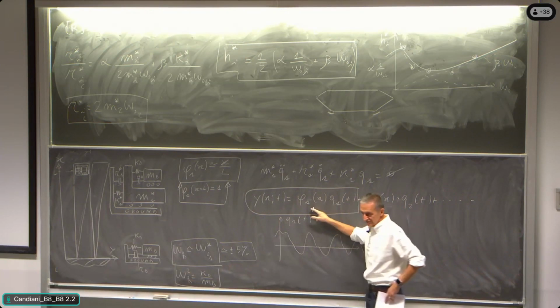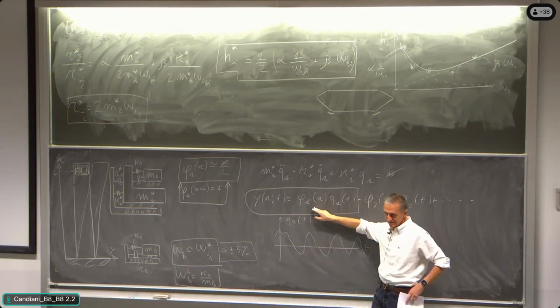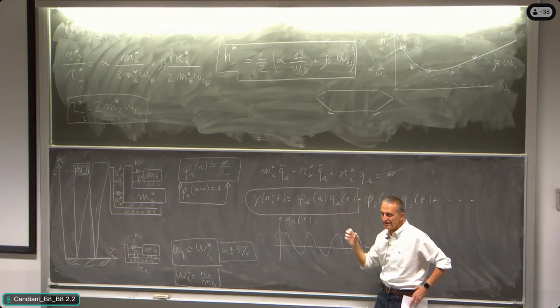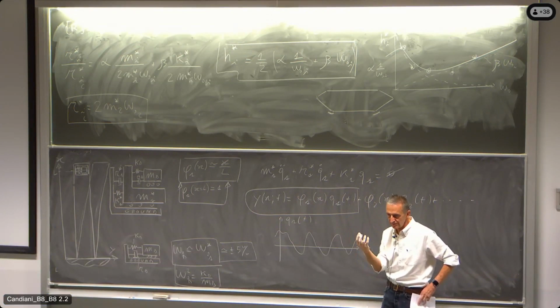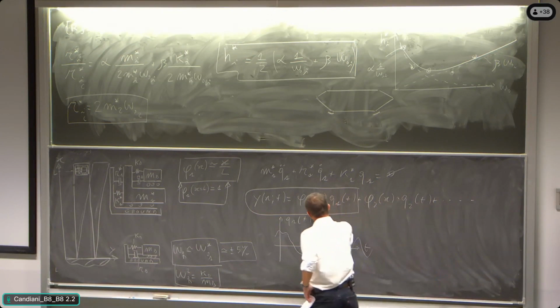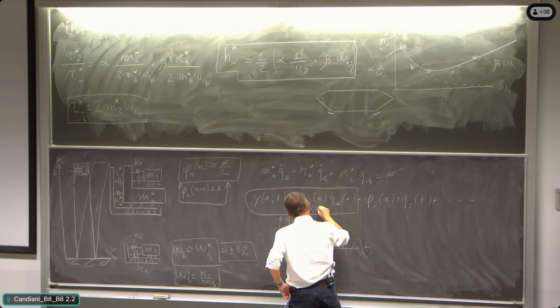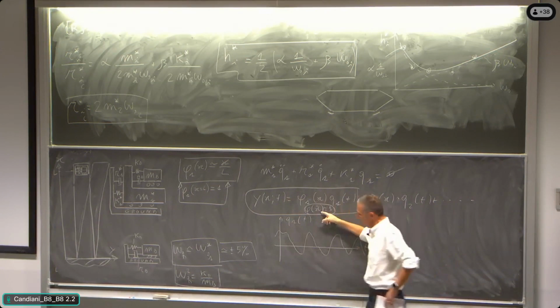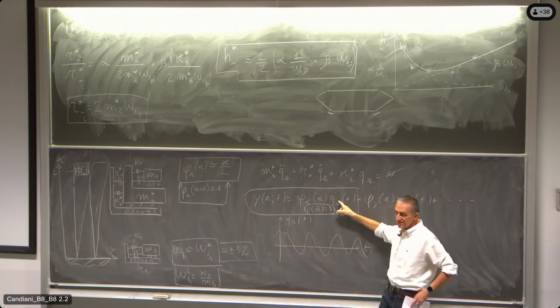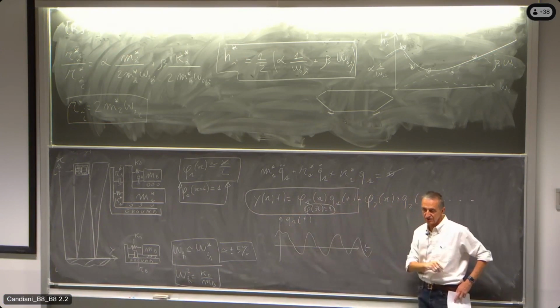The spot of the structure that has 1 for the mode shape. If I have a location in the mode shape that has phi of x equal to 1, this spot here is moving exactly like the principal coordinate.